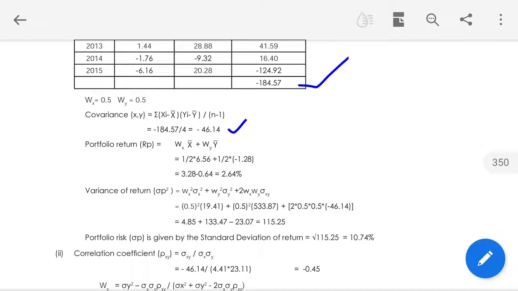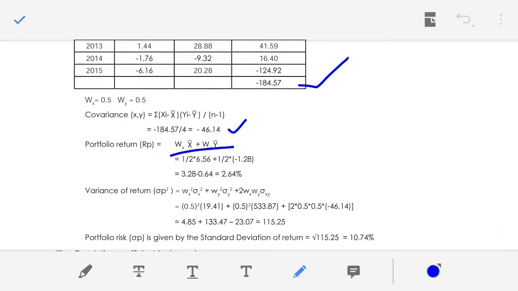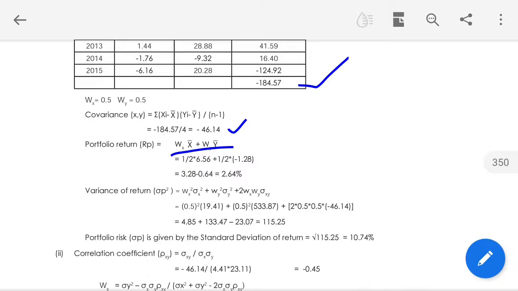When we have stock 1, stock 2, like that, weight 1 into expected return plus weight 2 into expected return. Now we are seeing the third formula. Since we have mean value, that is the average of 5 years, we have to multiply weight with mean value. So here it is: wx into mean of x plus wy into mean of y.